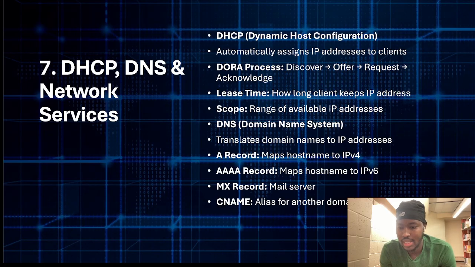So the client discovers available DHCP servers, receives an IP offer, requests that IP, and gets acknowledged. DHCP servers manage a scope or pool of available IP addresses and assign them with a lease time.